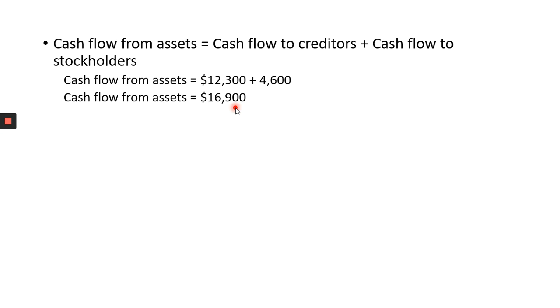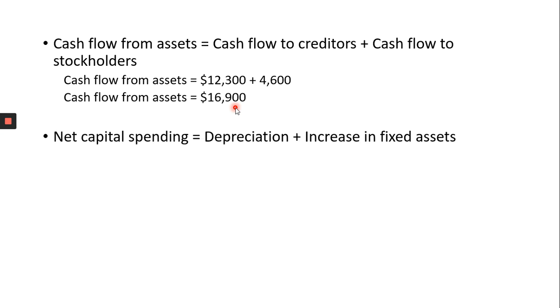Now we need to find out the net capital spending. Net capital spending is simply depreciation plus increase in fixed asset. Depreciation is given in the question, which is 10,900, and the increase in fixed asset is also given in the question, because it says if the net fixed asset increased by 19,475, then what will be the addition in the net working capital?